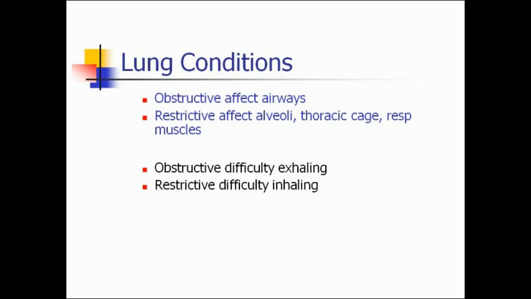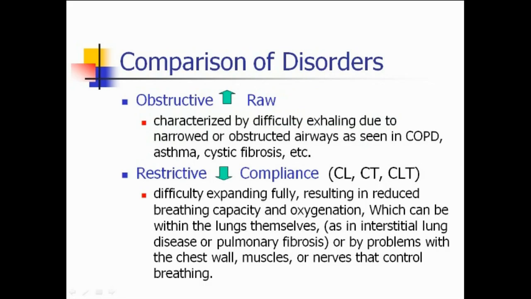You can't breathe deep enough. With the obstructive diseases, we see there is an increase in the airway resistance. This is usually seen as difficulty in exhaling, as I said earlier. It's due to the narrowed airways or obstructive airways, as seen in COPD, asthma, cystic fibrosis, etc.